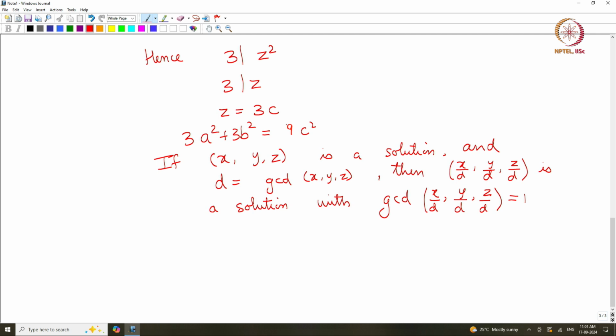So, we can always assume that such solutions are called primitive. So, such solutions with GCD equal to 1 are called primitive solutions.